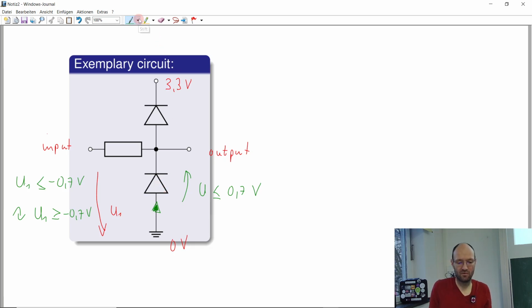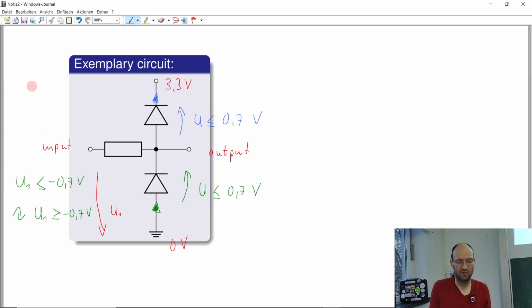Okay, and if I take a different color for the top diode, the top diode, of course, can also only carry a current in the upward direction. So in this case, the voltage drop in this direction will also be limited to 0.7 volt.